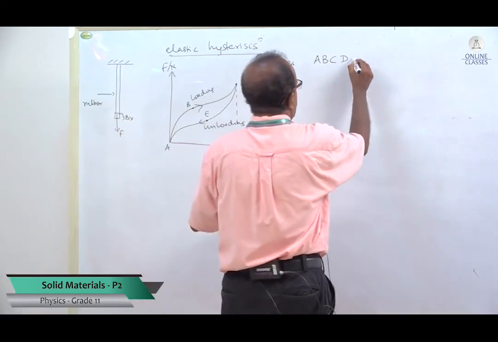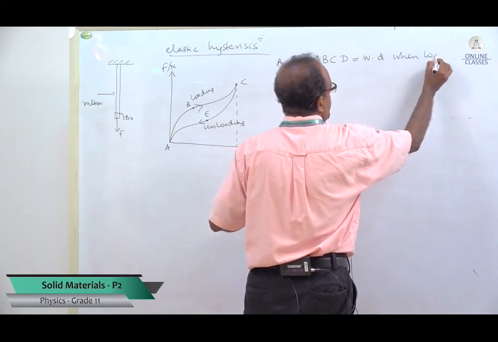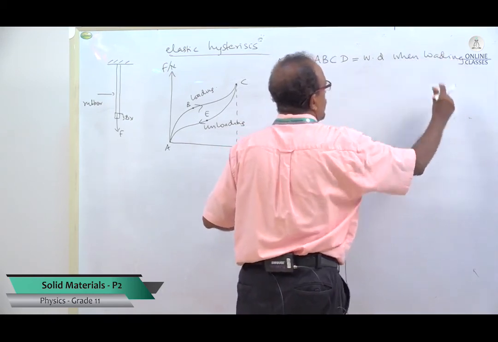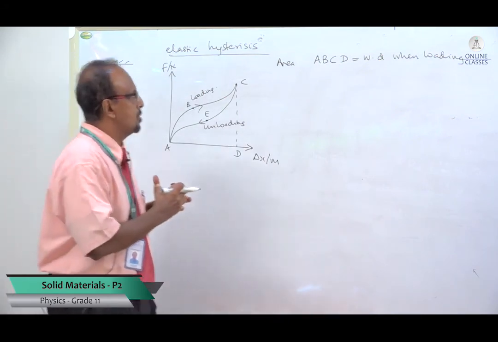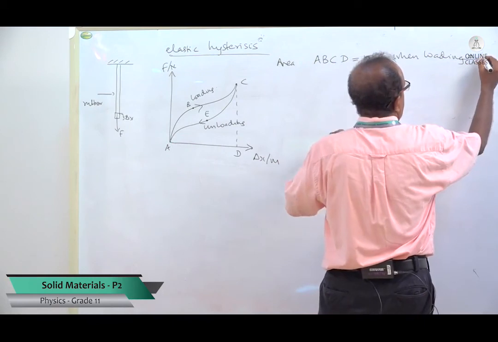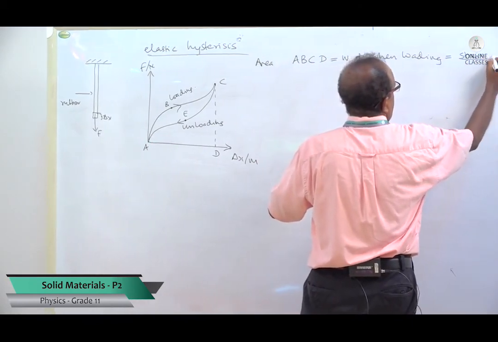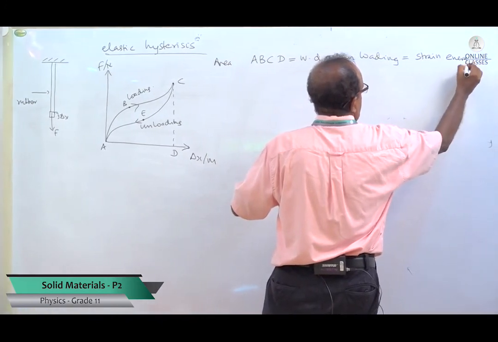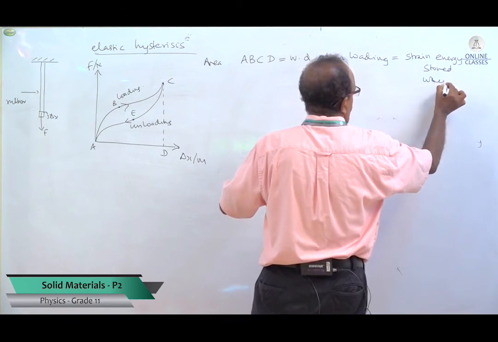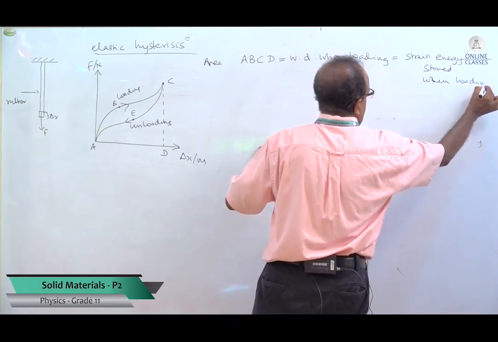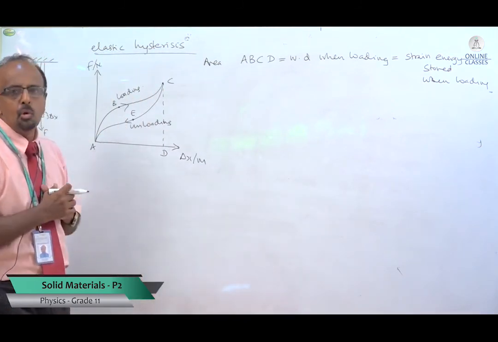We can say it is the work done when loading. When you do work, we know energy is stored, which we call strain energy. So it is the strain energy, or elastic strain energy, stored when loading.